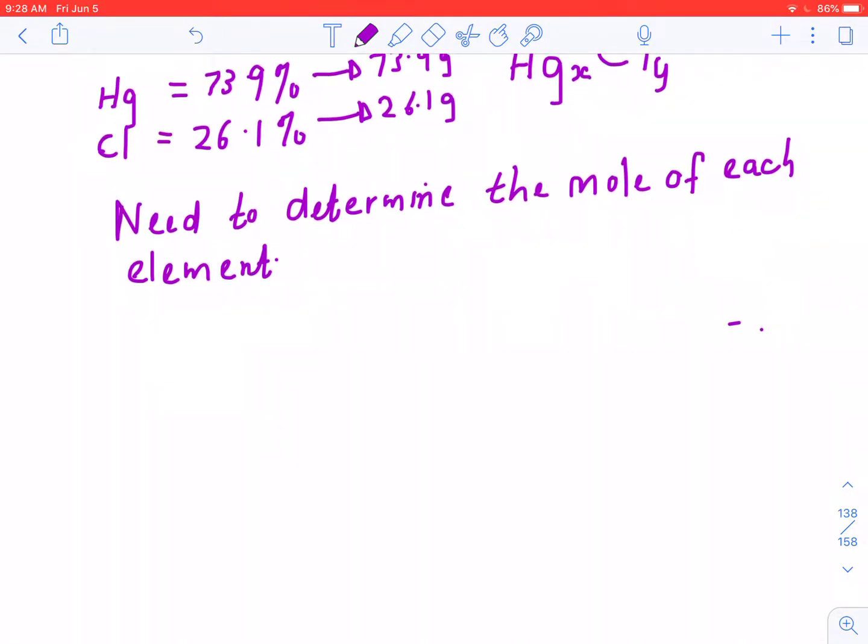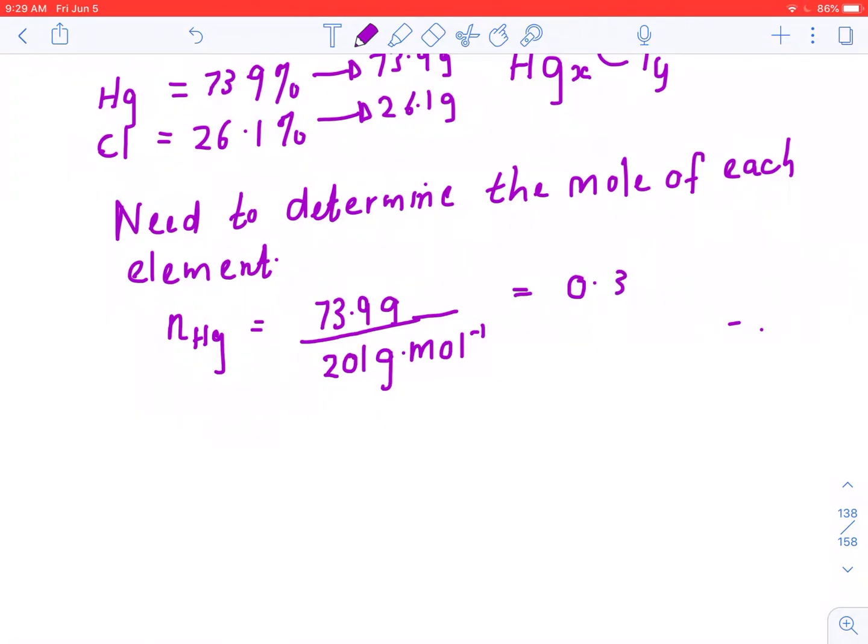We say, N of Hg is equal to 73.9 grams over the molar mass of mercury, which in the periodic table is 201 grams per mole, and which gives us 0.37 mole.